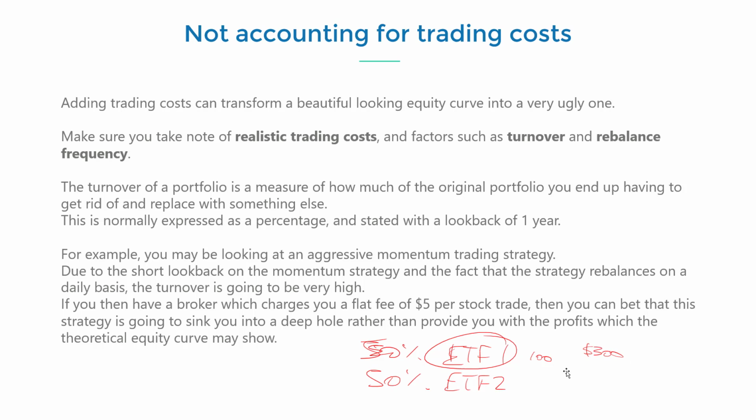Okay, so what's going to happen in a nutshell is that your portfolio, which was invested 50-50 at this point in time, is now massively overweighted through to ETF 1. So now any kind of volatility that happens to ETF 1 is going to have a massive impact on your portfolio because of the fact that it went from 100 to 300.